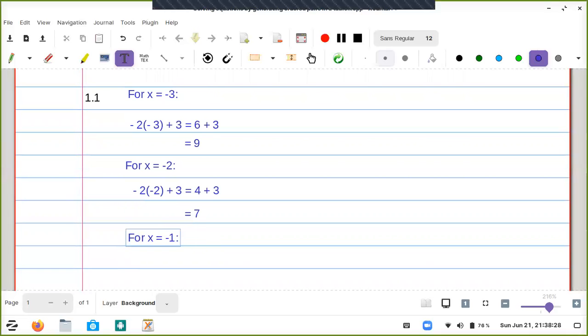Which is negative 2 times negative 1 plus 3. Then we get 2 plus 3.